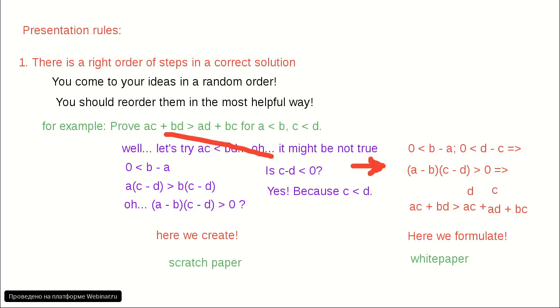So your steps should go consequently in the order in which you present the steps. Something strange happened to this, so it should be done like this. Some text was hidden here, I don't know.